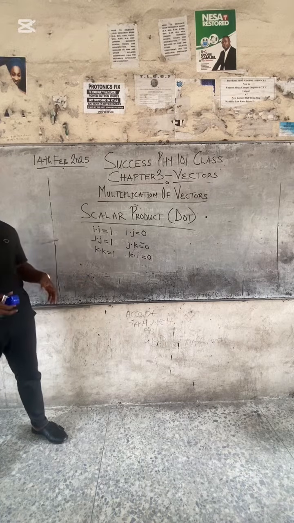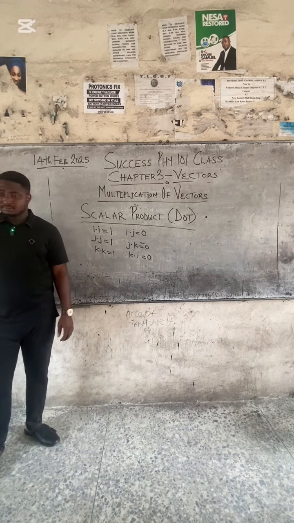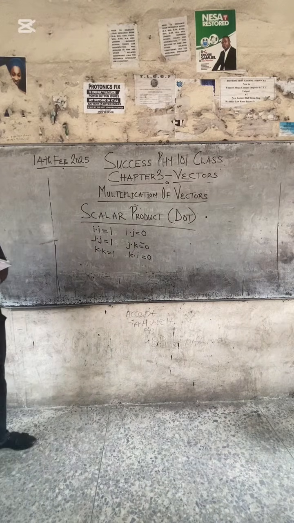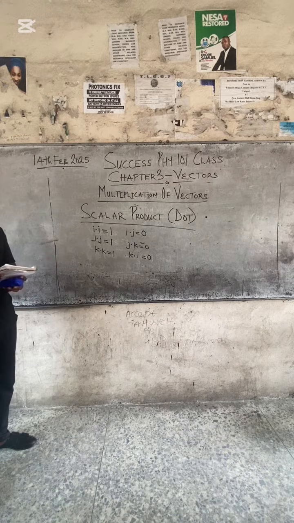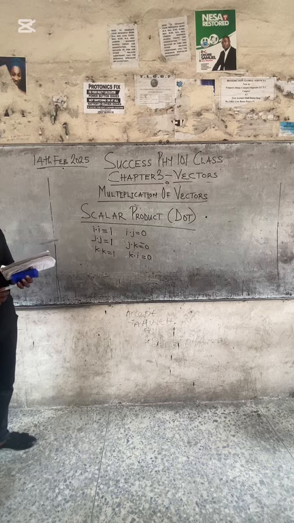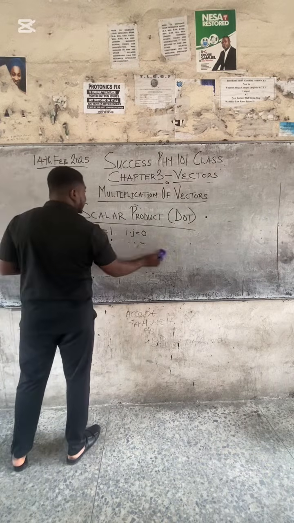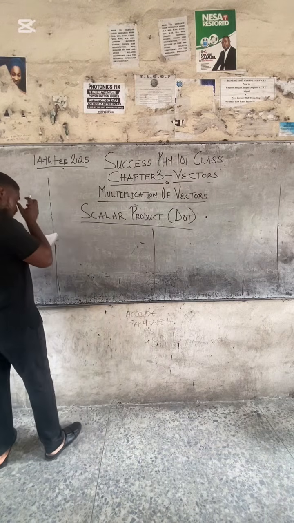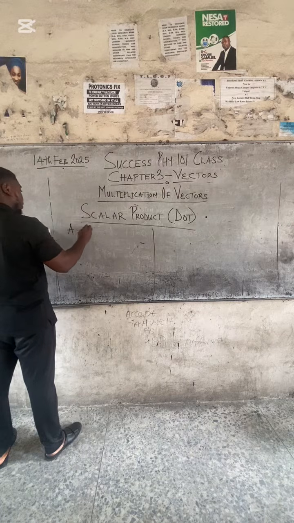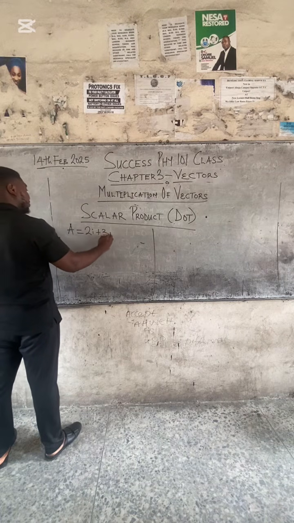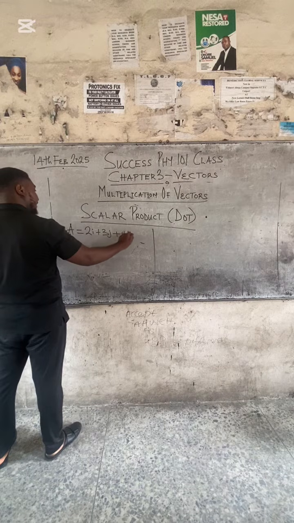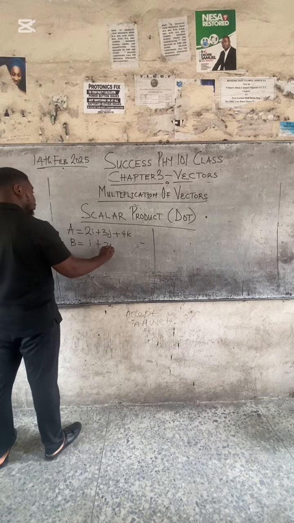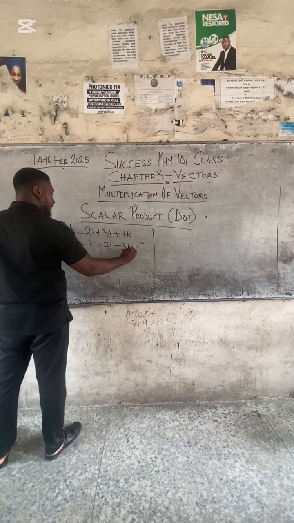We now need to apply. Class, given the vector A equals 2I plus 3J plus 4K and B equals I plus 2J minus 3K.